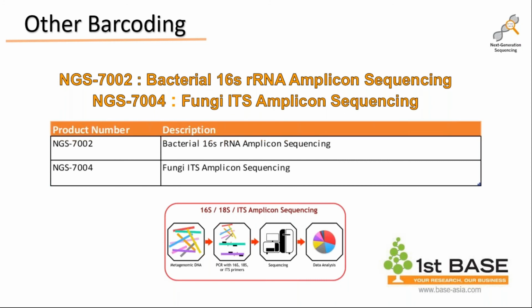You can consider identifying all these microbes by using our amplicon sequencing service. This might be another option for you. This is an NGS service also provided by First Base, so in case you need it, you can always refer to us.